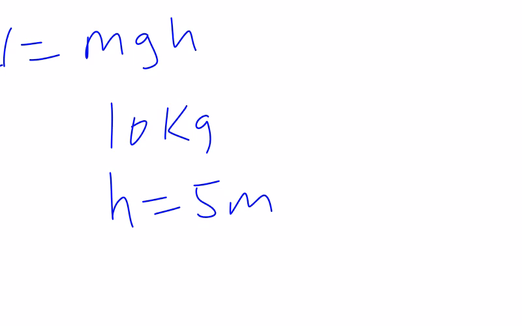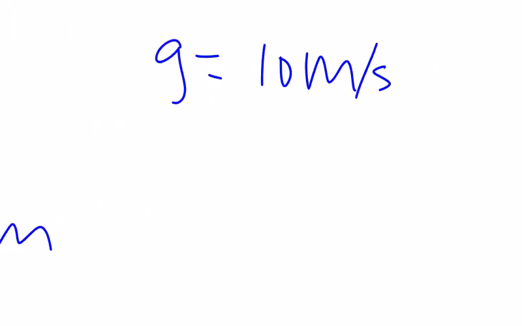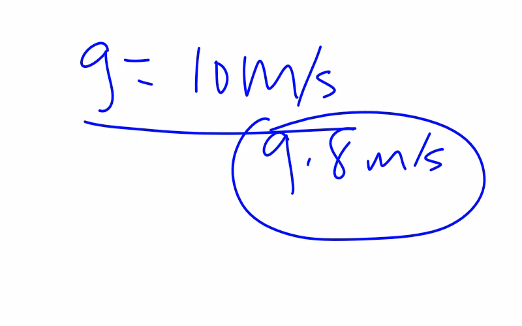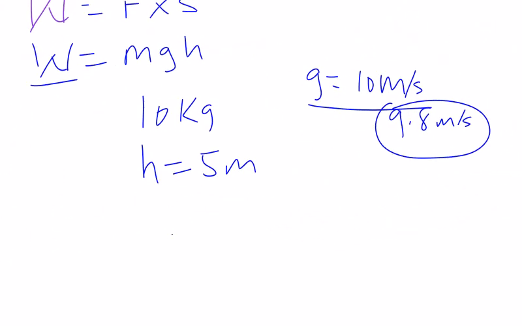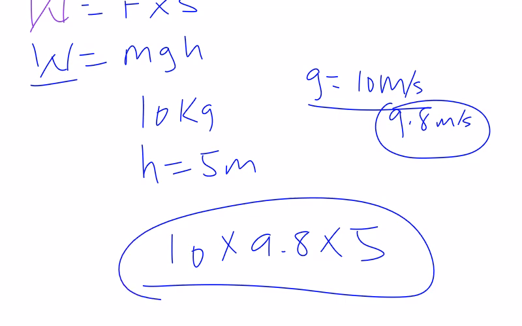Everybody knows the value. g is equal to 10 meters per second squared, or 9.8 meters per second squared, depending on the book or the question, because sometimes they will just say take g as 10 or take g as 9.8. For you to calculate this work, you just say 10 times 9.8, then times 5. So this is the work, and the unit is joule.